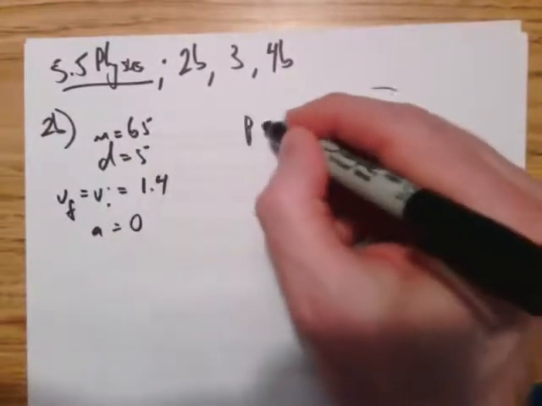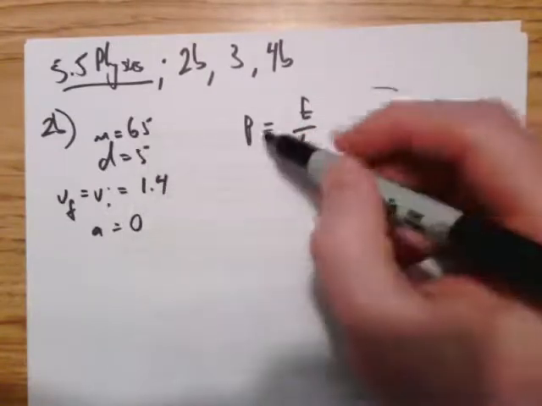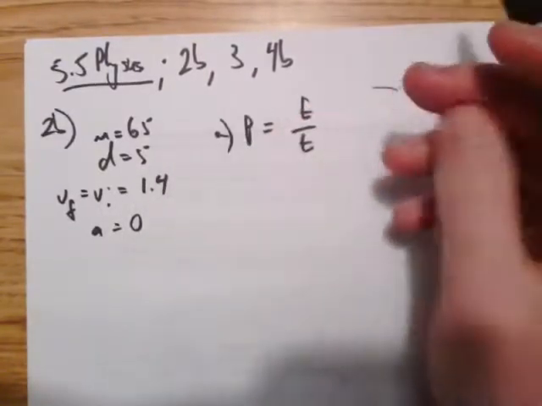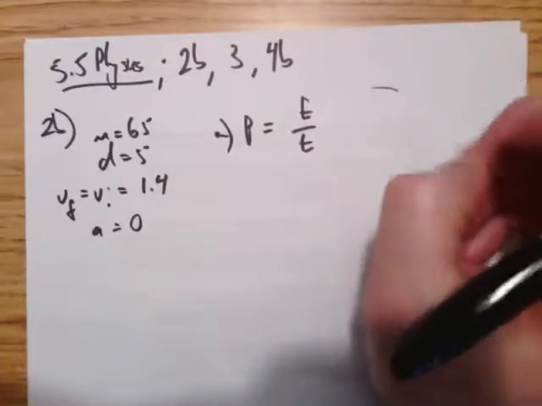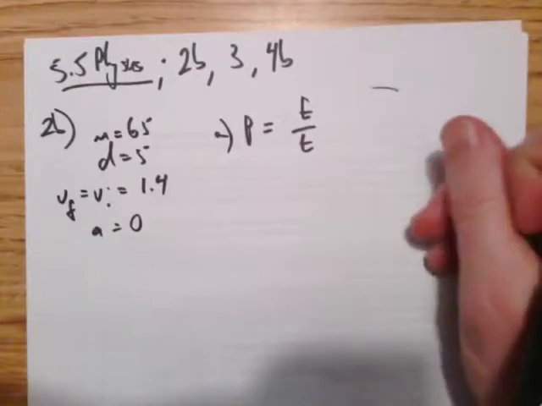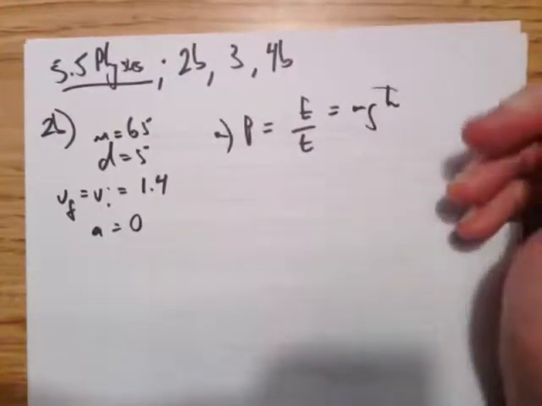So this is just power equals E over T, E being mgh. That would be A. But B says, determine the student's power without finding the time. So E equals mgh.